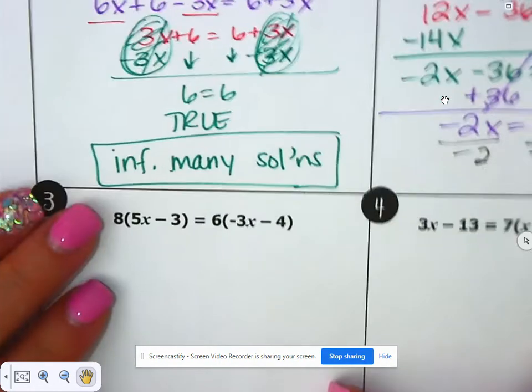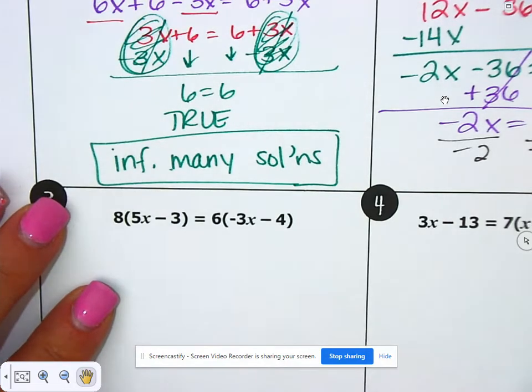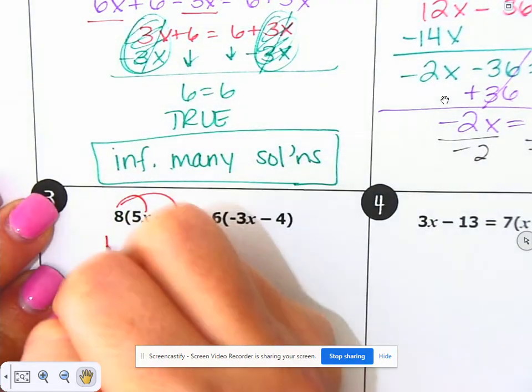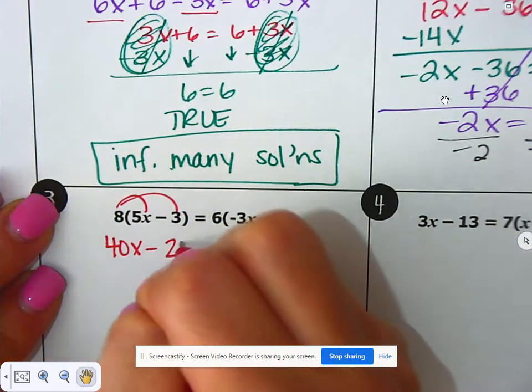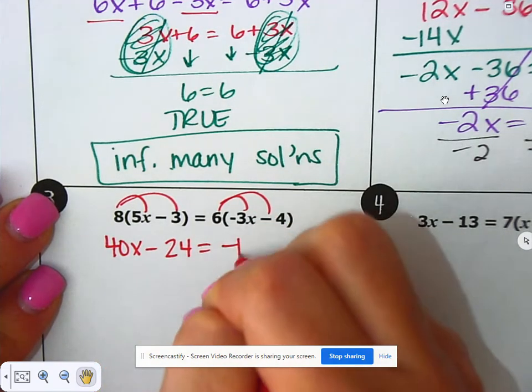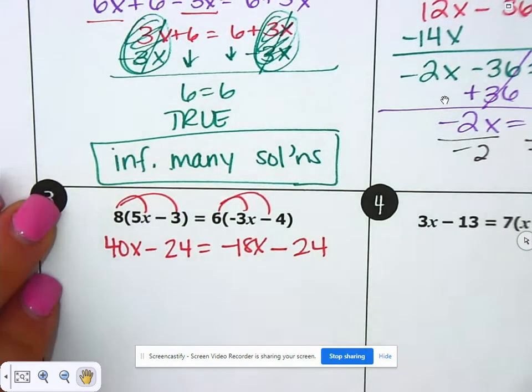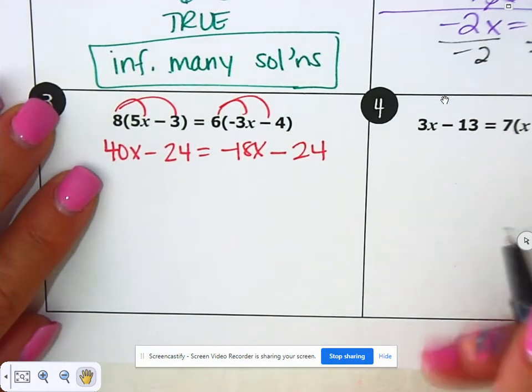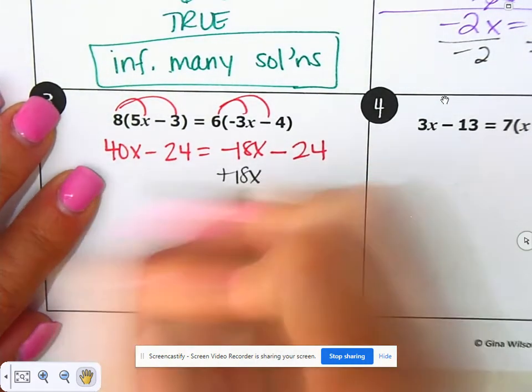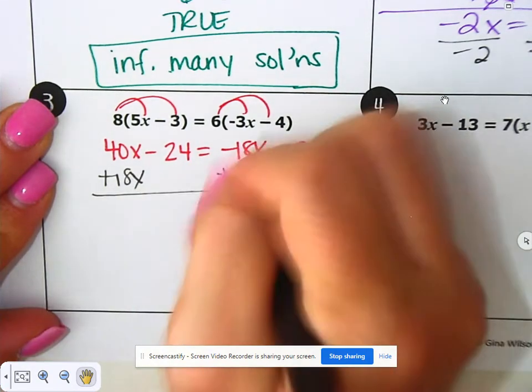All right, number 3. Same thing, start with your distributive property. All right, don't get confused on number 3. I'm going to add my 18x.